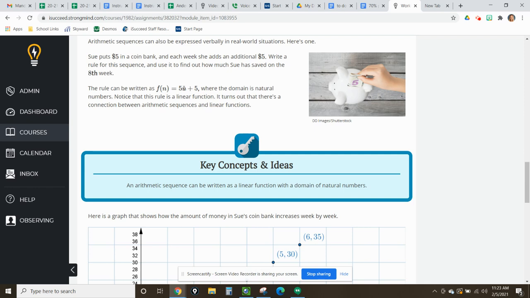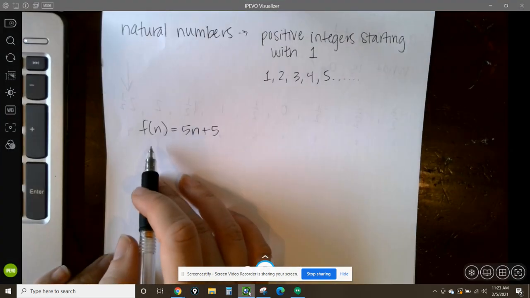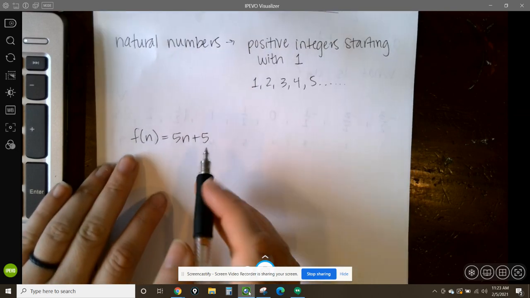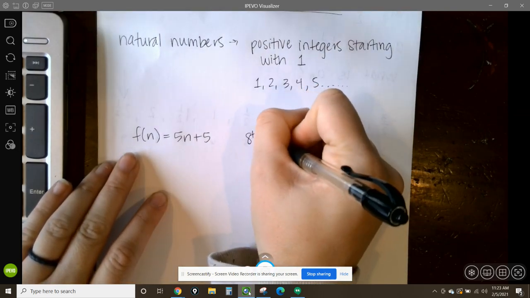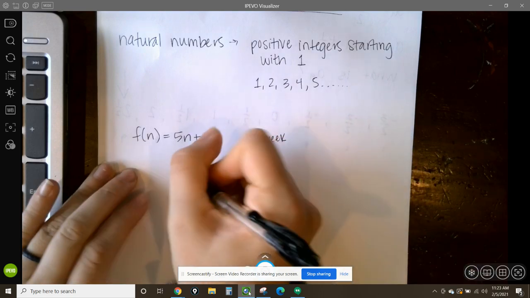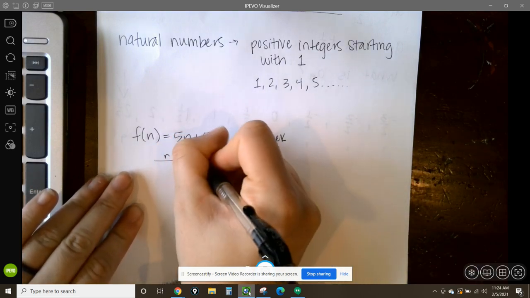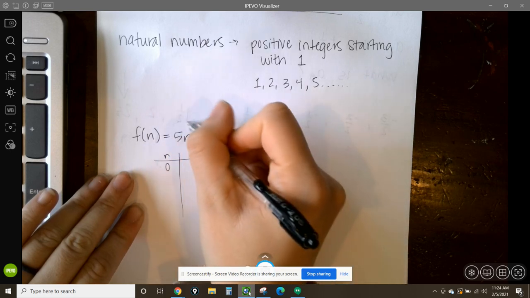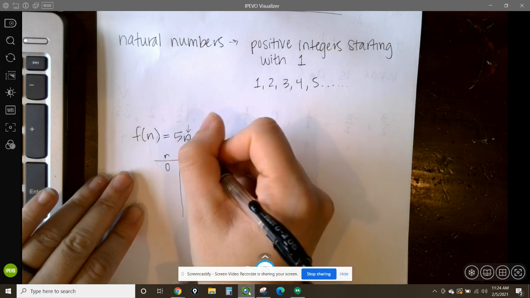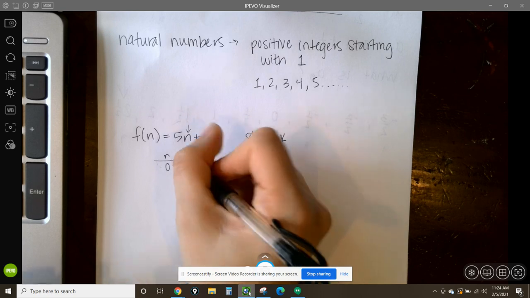I'm going to write this on my notes page over here, and then I'll switch my screen. And we're trying to figure out the 8th week. So here's this one right here. We can make a table, or you can write it as ordered pairs. On week 0, if I plug in 0 here, 5 times 0 is 0, plus 5 is 5.